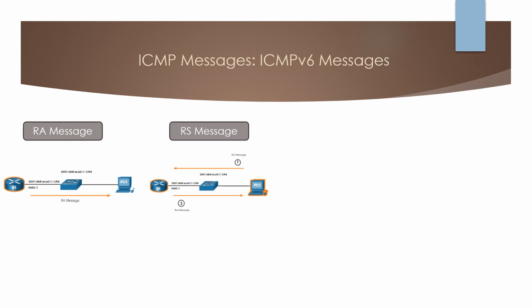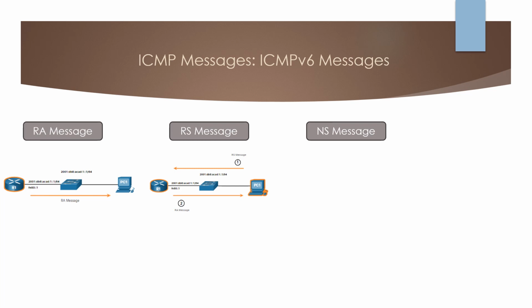And for the messaging between IPv6 devices, we have the neighbor solicitation message. This is when a device is assigned a global IPv6 unicast or link-local unicast address, and it may perform duplicate address detection to ensure that the IPv6 address is unique.